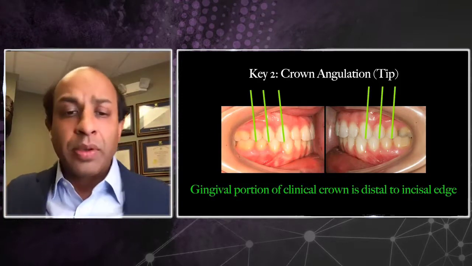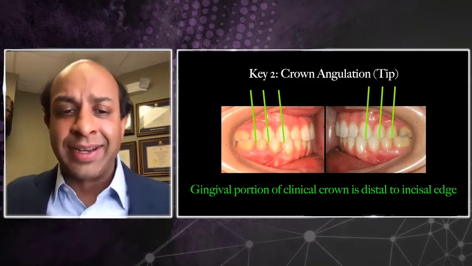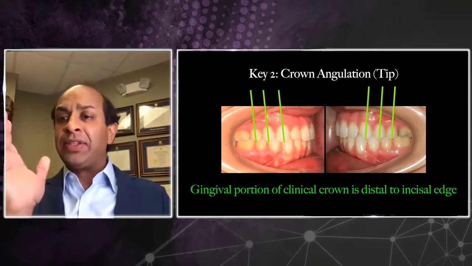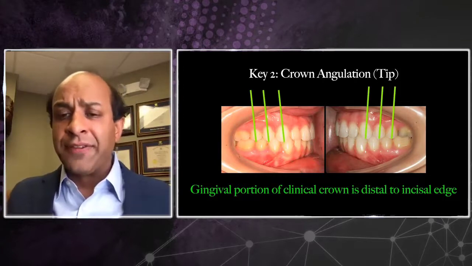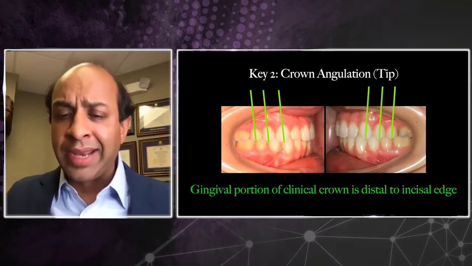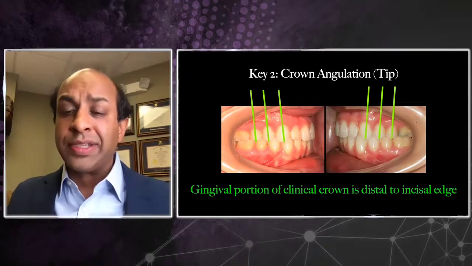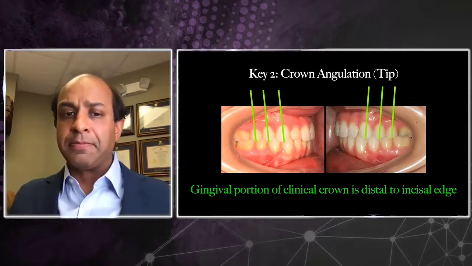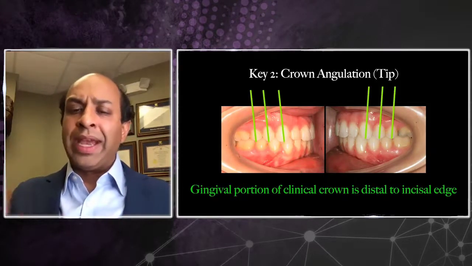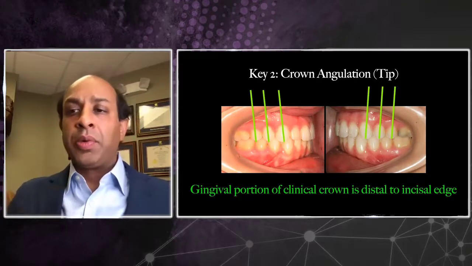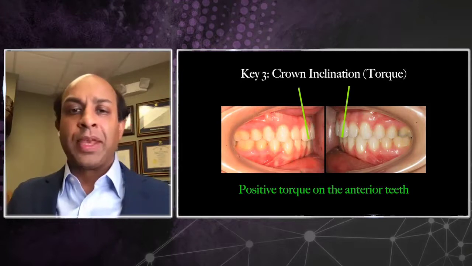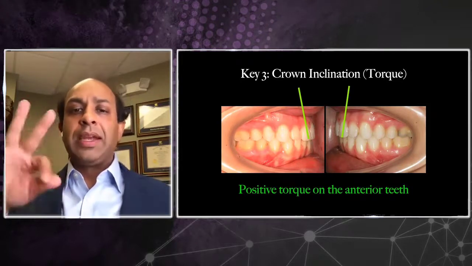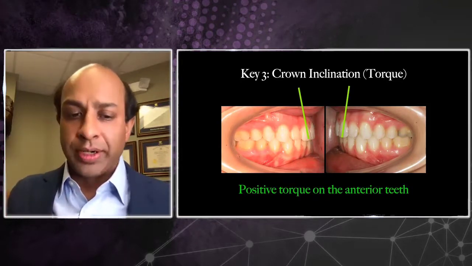For those who look at canine guidance, you know that that mesial tip of the edge of that canine helps significantly in our canine guidance and reducing non-working interferences. So when we get our lab setups back, we want to make sure that we're looking for this feature in the final occlusion.